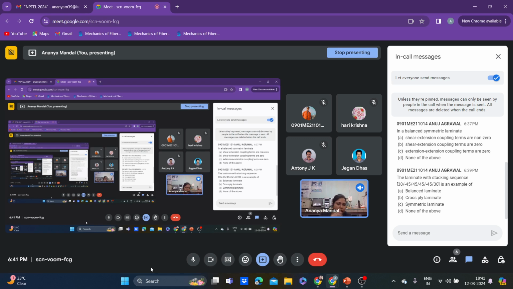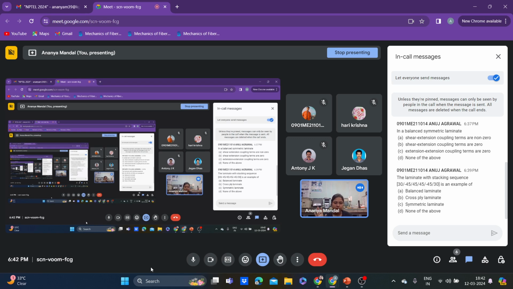So here if you divide the upper part and lower part, then you will see above it is 30, minus 45, 45. Again in that same rotation, if 45 is the last one, then it will start from 45, minus 45, 30. So obviously you can see it is a case of symmetry. Symmetric laminate is there.